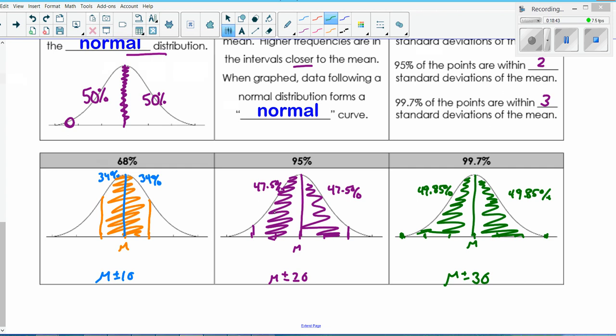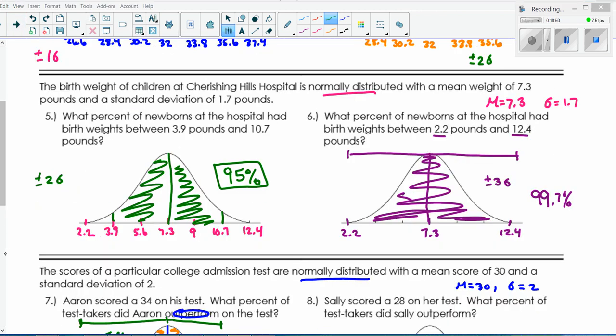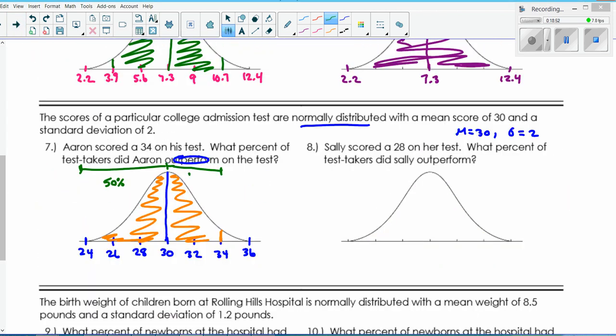So when it's 2 standard deviations, it means 47.5% fall to the left and 47.5% fall to the right. Okay, so that means then that this right here represents 47.5%. So then Aaron outperformed 50% and 47.5%. So if we add that together, we get 97.5%. So notice it wasn't symmetrical on both sides of the mean, so we had to do a little bit of addition. Okay, let's try again.